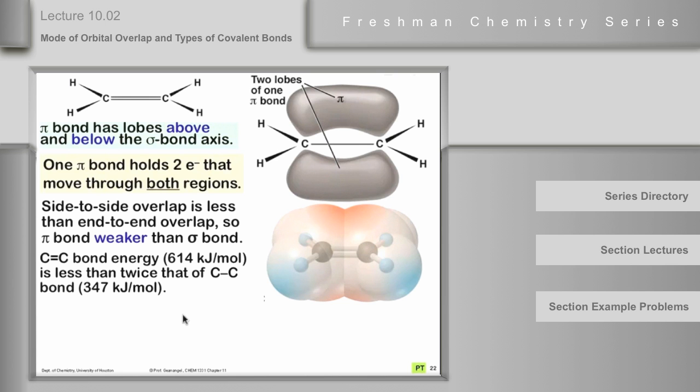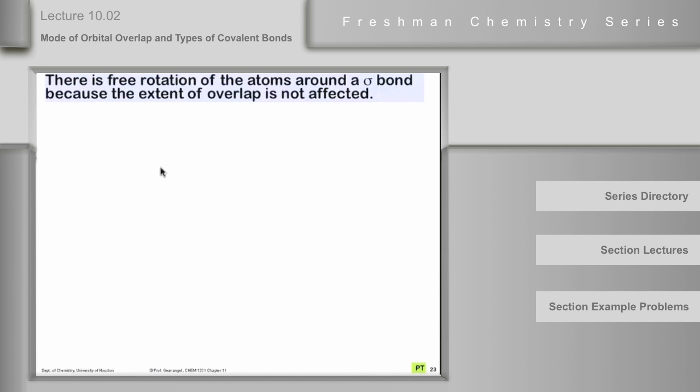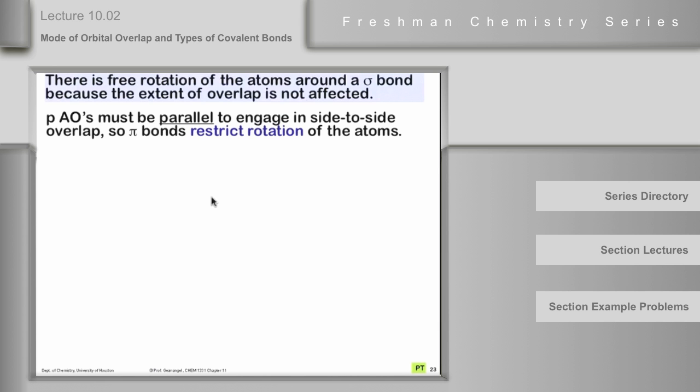I will mention again this idea of the rotation. There is free rotation around a sigma bond, but the p atomic orbitals must be parallel. They must be lined up side to side in order to form the pi bond. So if you try to rotate them out of alignment from one another, you will have to break the bond.